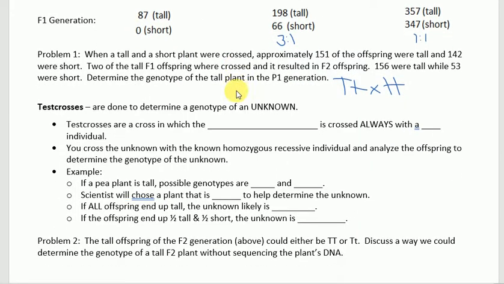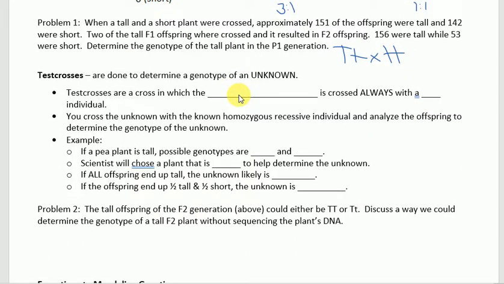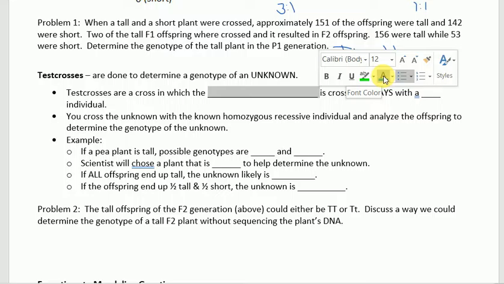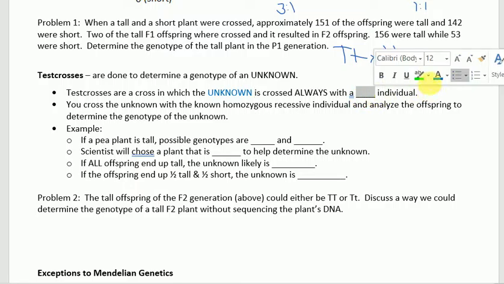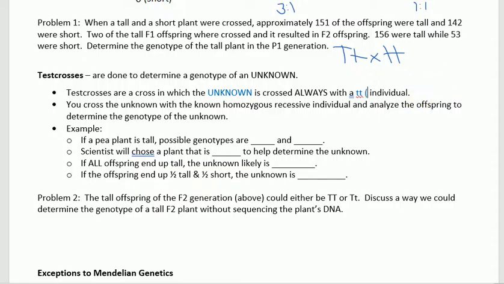So, test crosses, these are going to be done to determine the genotype of an unknown. So, the test cross in which the unknown is crossed is always going to be crossed with a little t, or a homozygous recessive individual.